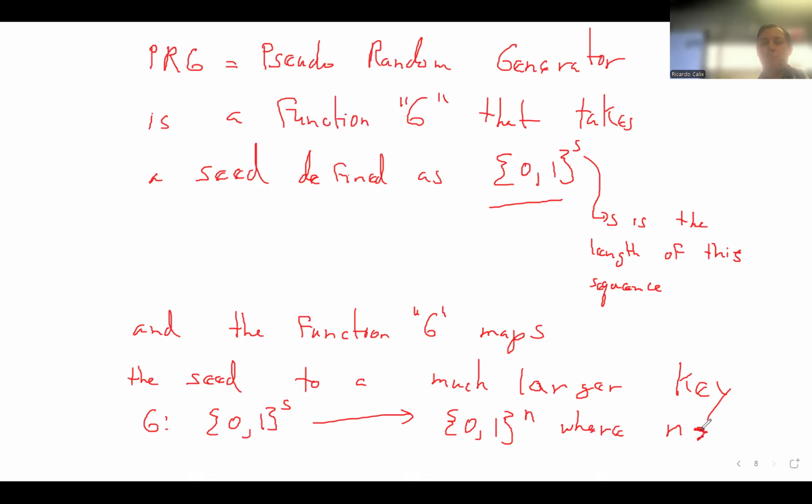This means not just greater, but much greater than S. Okay, so that's essentially the idea. Why does it need to be much greater than S? Because obviously we're trying essentially to copy the one-time pad. And the one-time pad works for any message.